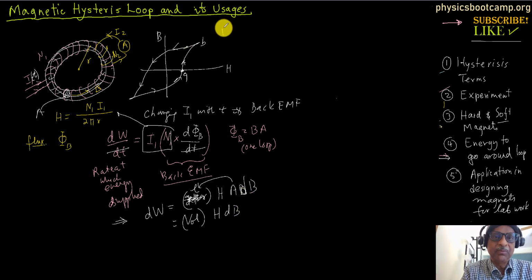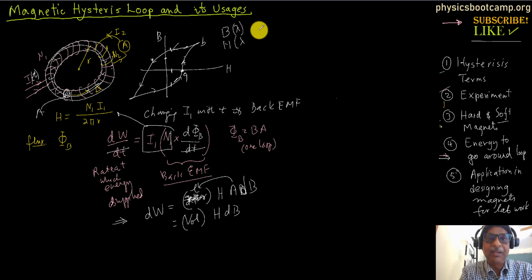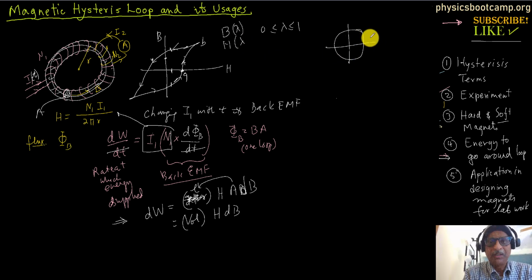This is a double-valued function: for the same H there are two B's, and for the same B there are two H's. So you can parameterize with lambda from 0 to some value, and with this curve you can go all the way around, kind of like a circle. How do you parameterize? You get an x and y.